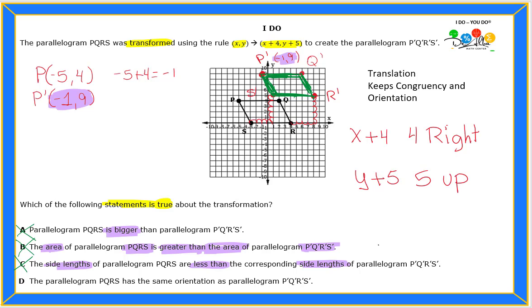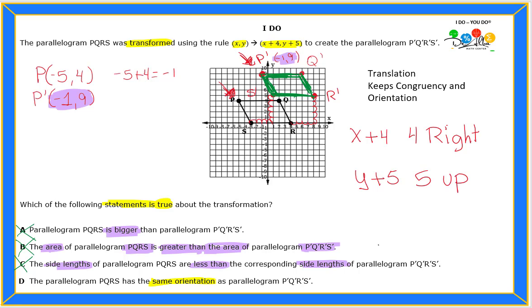Letter D. It says the parallelogram PQRS has the same orientation as parallelogram P'Q'R'S'. So what does it mean by orientation? Do you notice how point P, look up here, this is my P, and this is my P prime. They're both to the left of my shape, right?